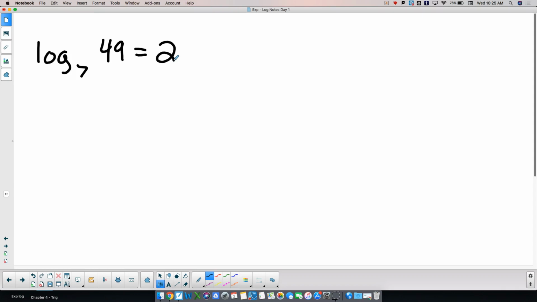So what exponent do I have to put on 7 to get me 49? 2. Logs are exponent finders. So that's logarithmic form. Exponential form here would be 7 squared equals 49. Changing forms with it.